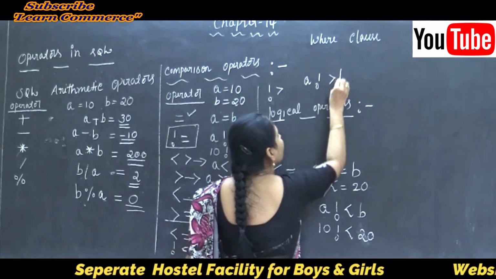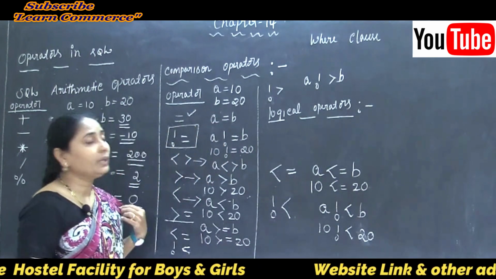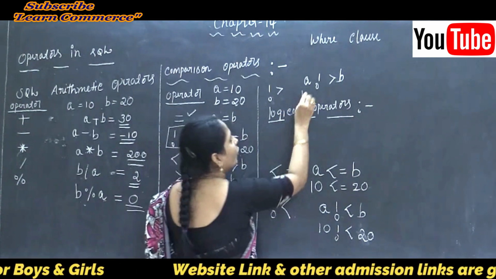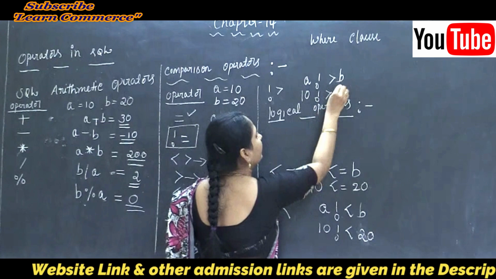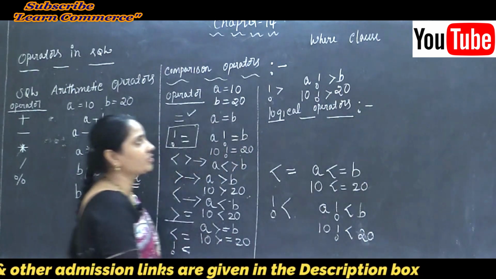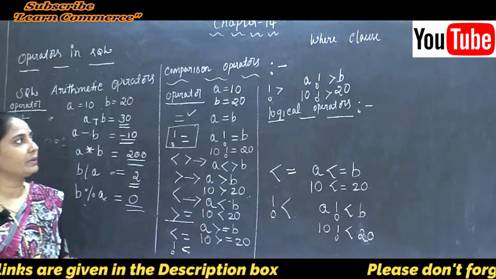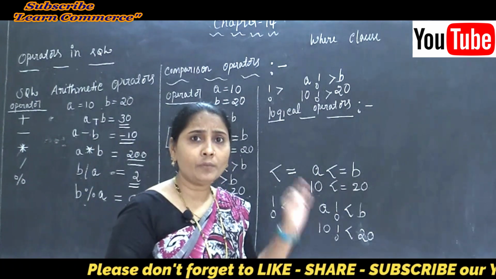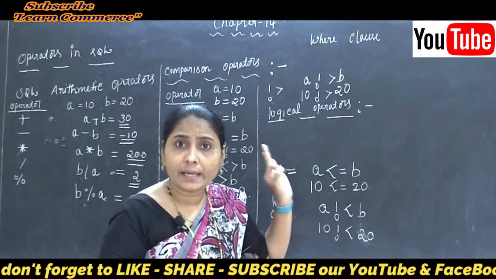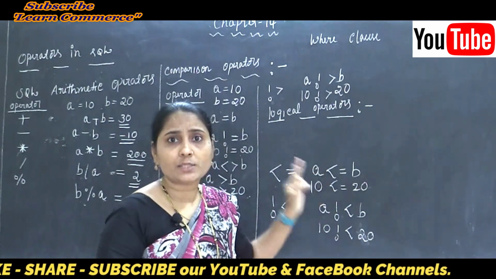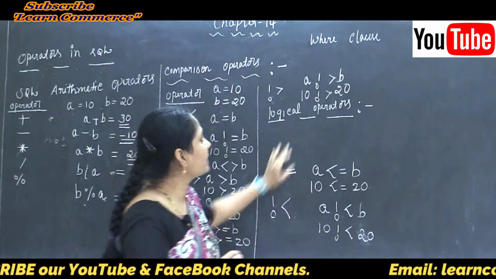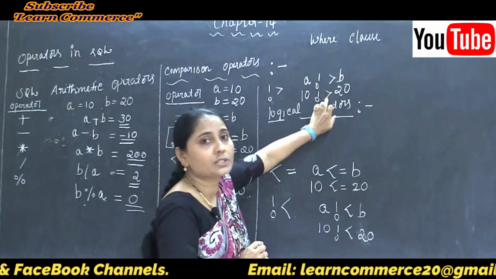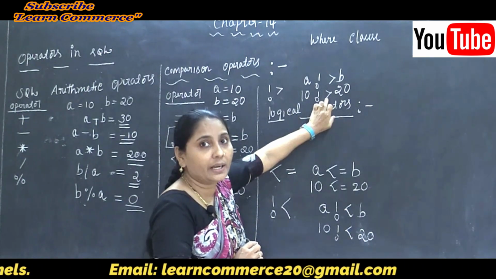A value not greater than 20, so 10 value not greater than 20. Is 10 not greater than 20 in this case? What about the condition? That means not greater than, that means the condition is true.